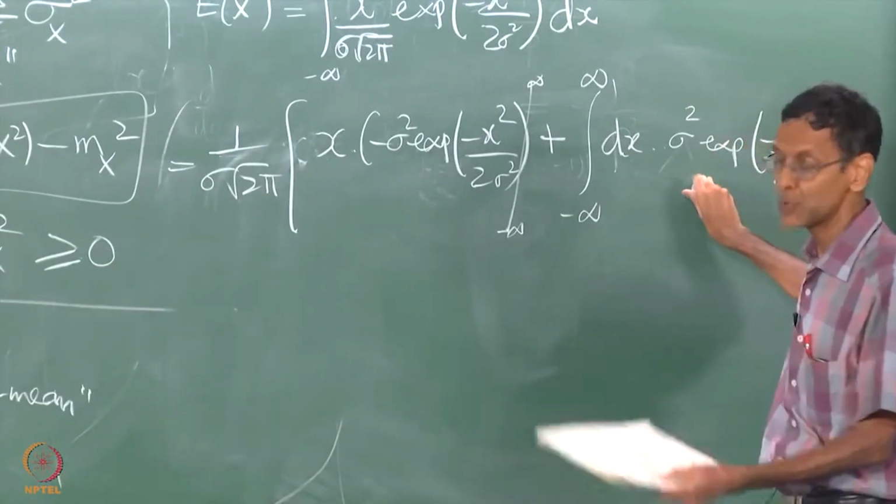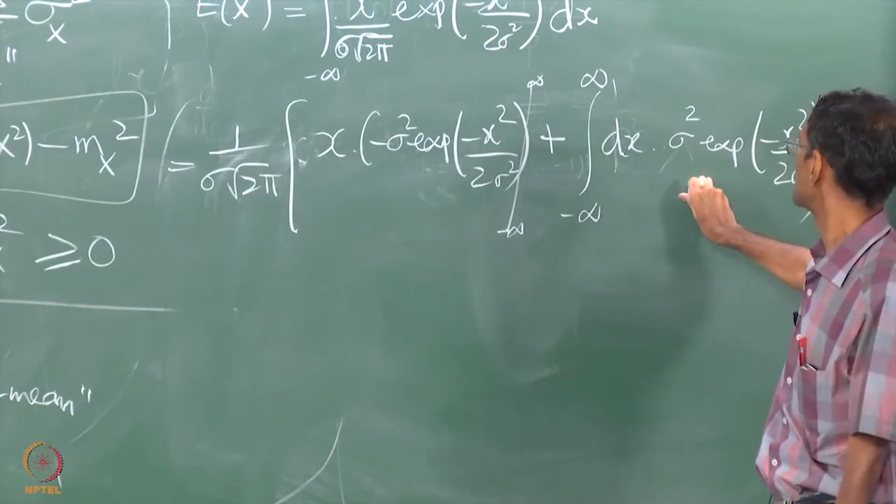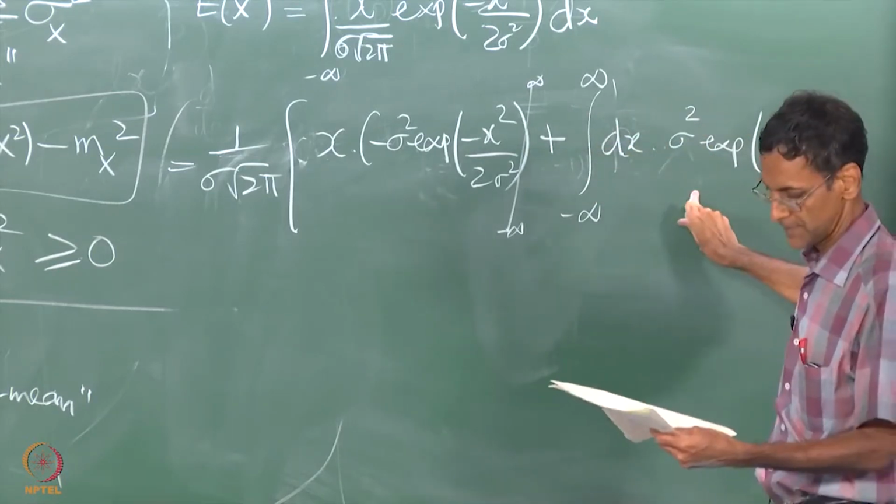So, and what is this? This is basically back to a Gaussian integral, is it not? If you remove this sigma squared, pull it outside, what is the rest of it?